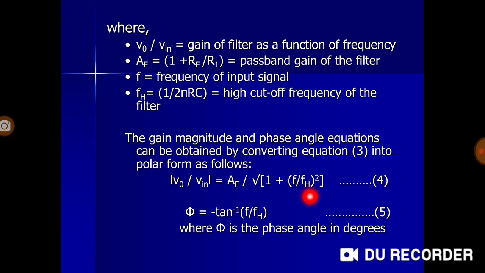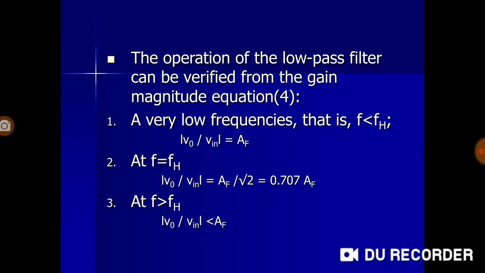If this becomes very huge, the whole denominator becomes huge. So AF is being divided by a big term, and the effective result will be quite less than AF. So whenever f is greater than fh, the magnitude of the gain v naught by v in will be quite less than AF.